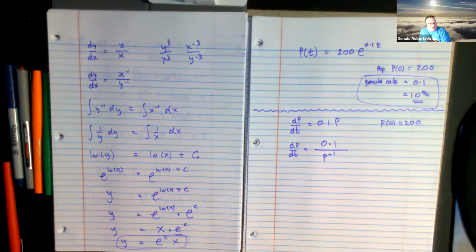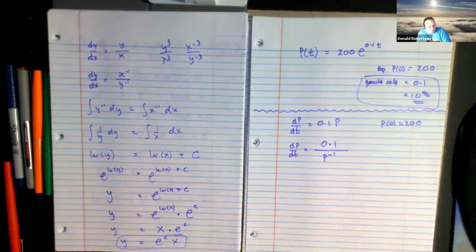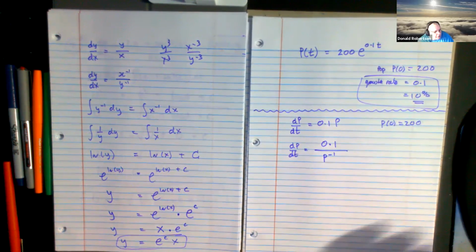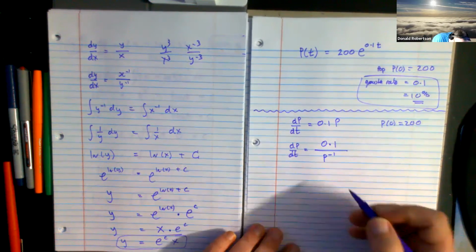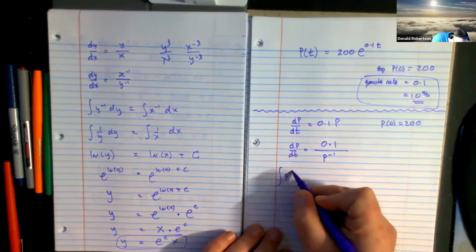Is it okay for me to say 0.1 on the top and P to the -1 on the bottom? Okay. Have we separated them out the way we need to? Yes. You might say, well, what about the t on the top? Well, you can actually have anything on your top as long as it's t or a number. And so in this case, it just happens to be a number. So it's allowed.